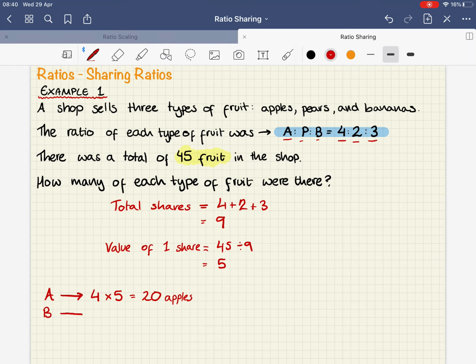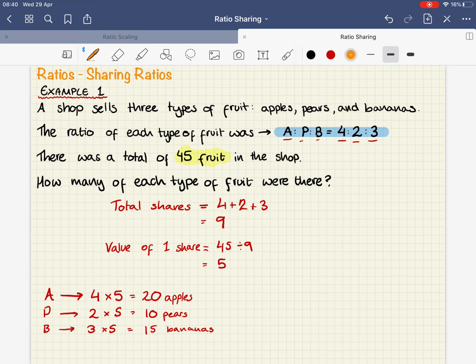My pear, I have 2 shares of it, so I'll times it by the value of 1 share. So I have 10 pears. And then my banana, I have 3 shares of it, so I times it by 5. And so I have 15 bananas.